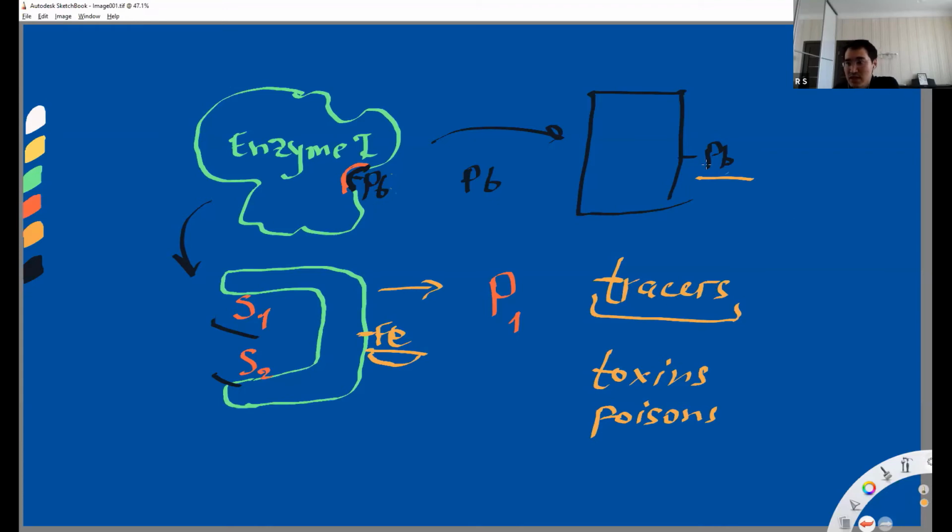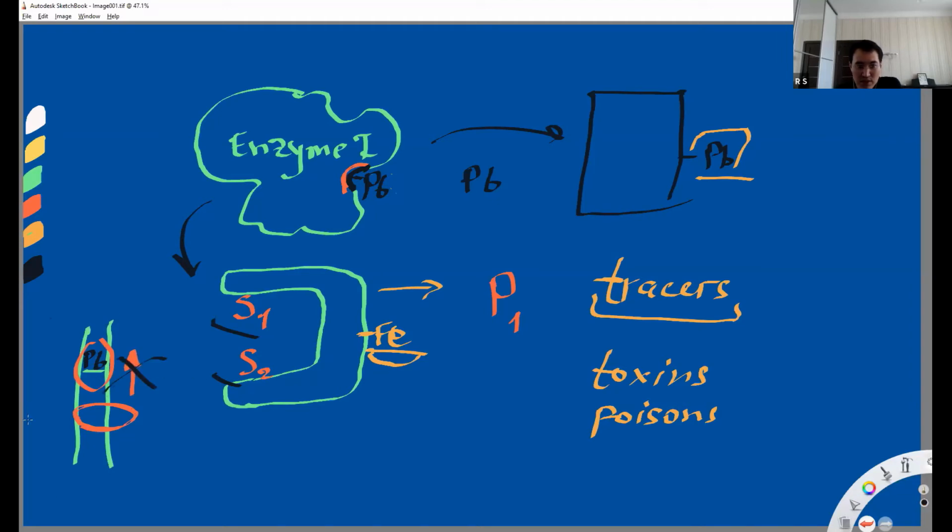Some of these elements, like plumbum or lead, can also bind, for example, DNA. And whenever we have the binding of DNA with the lead, let's assume there was an enzyme, RNA polymerase, that comes to this place, and it cannot pass it.